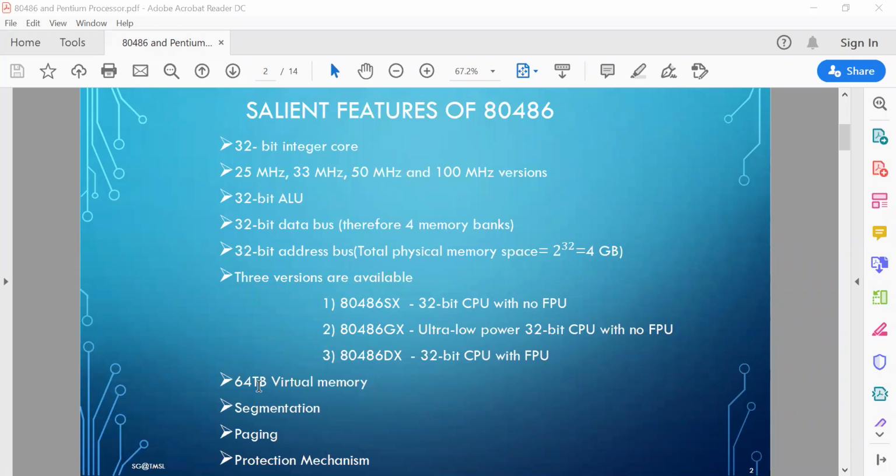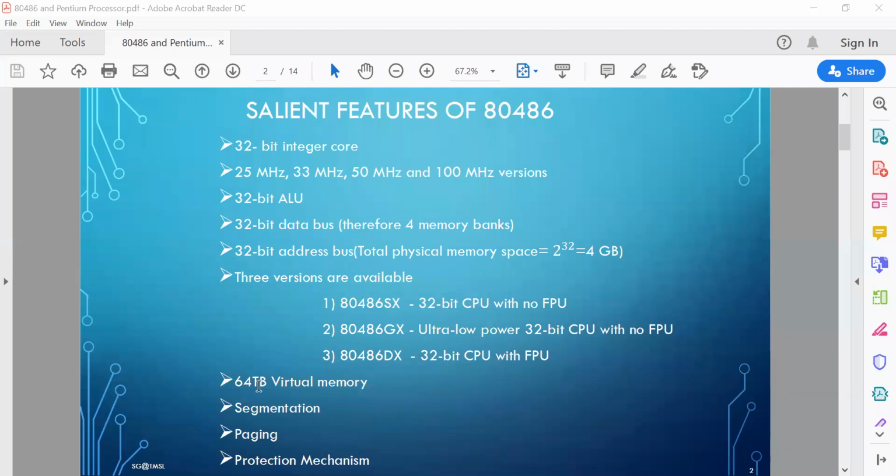So actually 16 kilobyte of selector and 4 gigabytes of offset gives a total of 46 bits, which is equivalent to 64 terabyte of logical address space per task, so that it can implement that task using this 64 terabyte virtual memory concept.